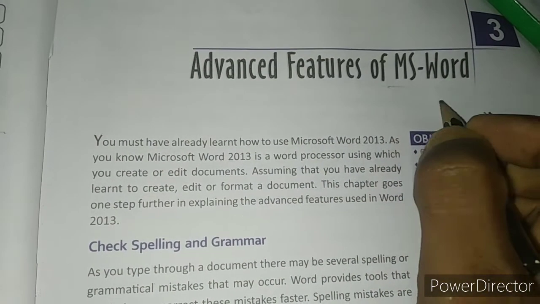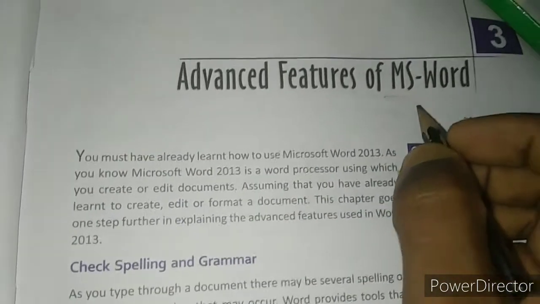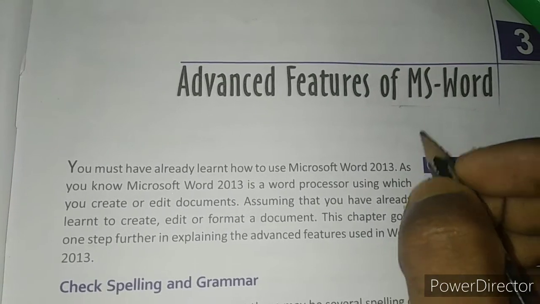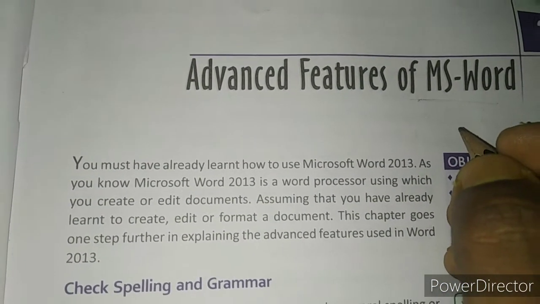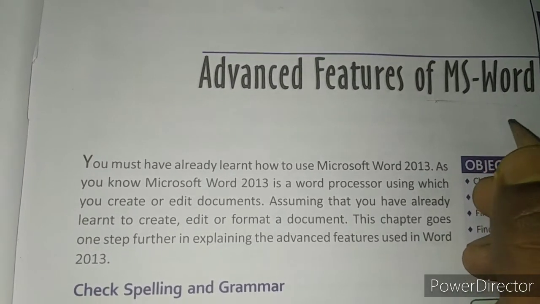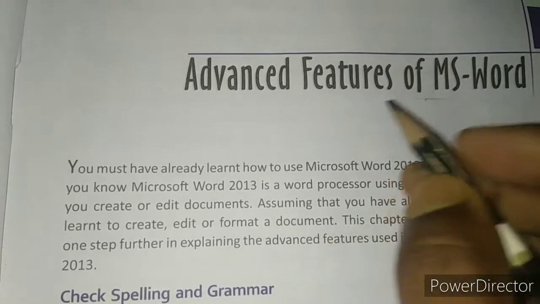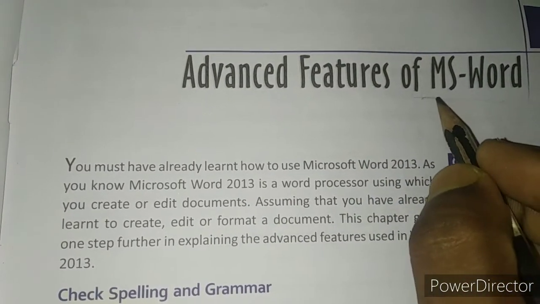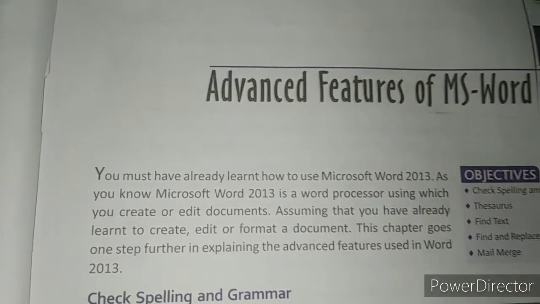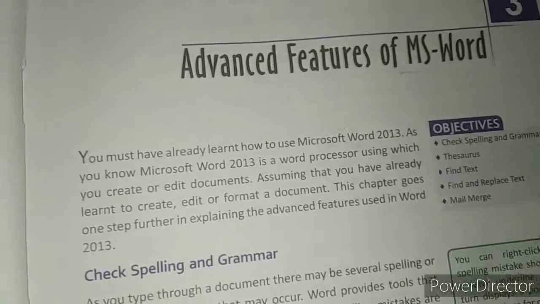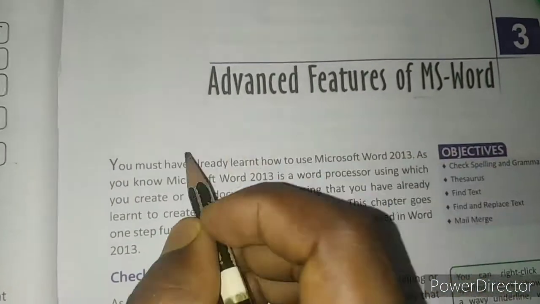MS Word comes within the Microsoft MS Office package, in which there are many other software like MS PowerPoint, Excel, Access. These are the most important software of the MS Office package, right? And the word processor there is MS Word. Now we will discuss this word processor, that is MS Word.